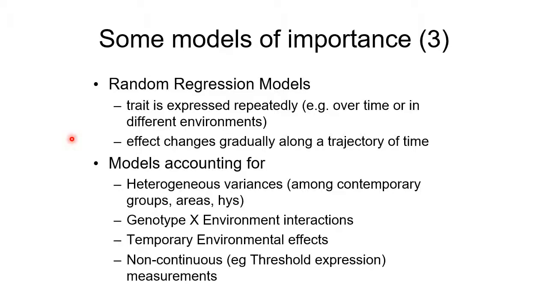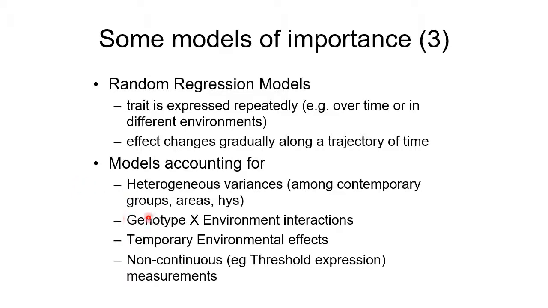A few other aspects that you can include in the models are models accounting for heterogeneous variances. This is basically where the spread of the phenotypic values can vary between, let's say, different environmental groups.